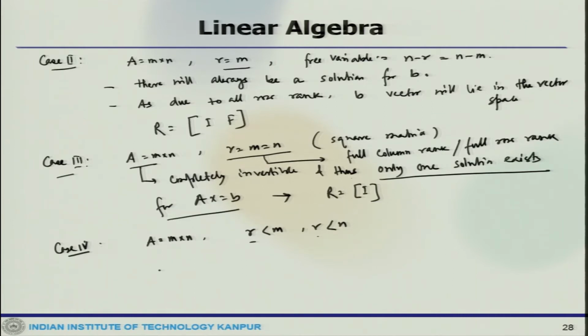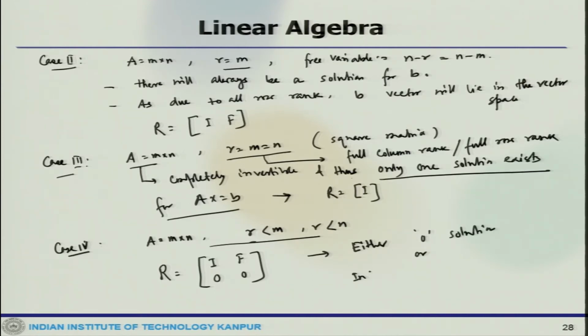If you just have the row reduced form, they will look like this, and this is the kind of case we have already taken some examples of and looked at. Here, in this situation, there would be either zero solution or infinite solution for Ax equals b.